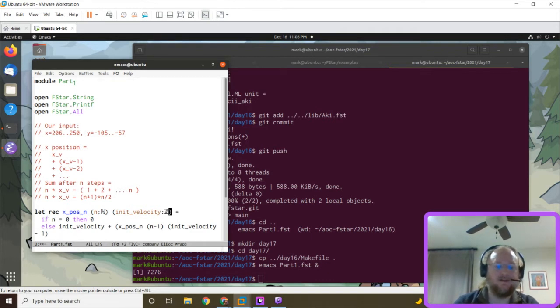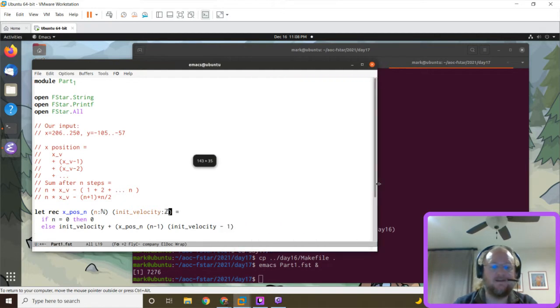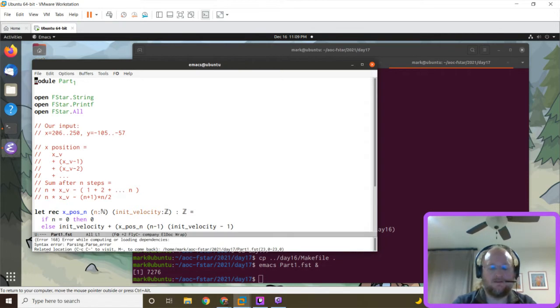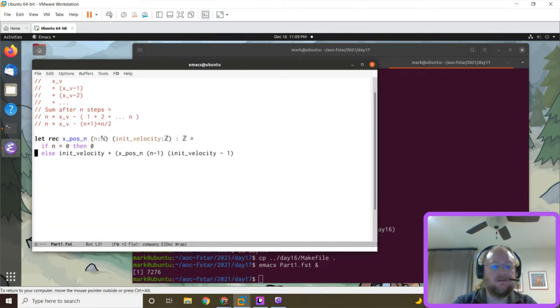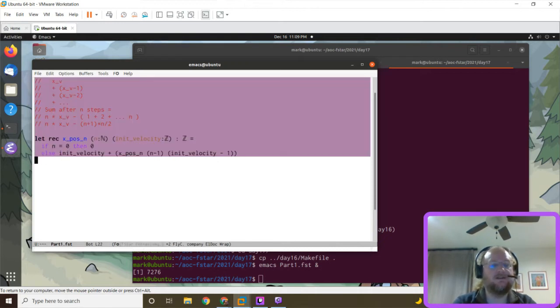All right, and I'll make that an integer just to permit us to go backwards. Should we cap it at 0? Maybe. Okay, I didn't close the parenthesis.